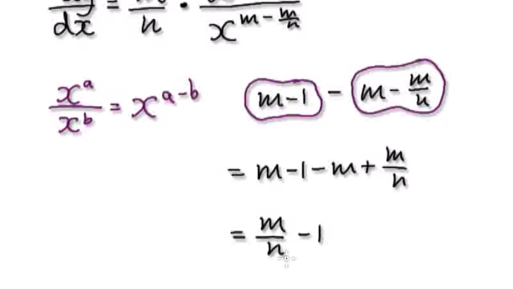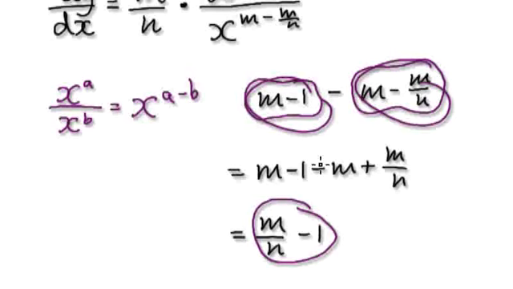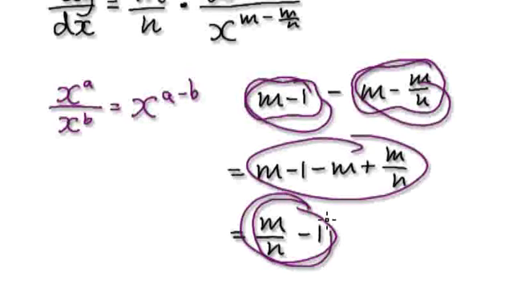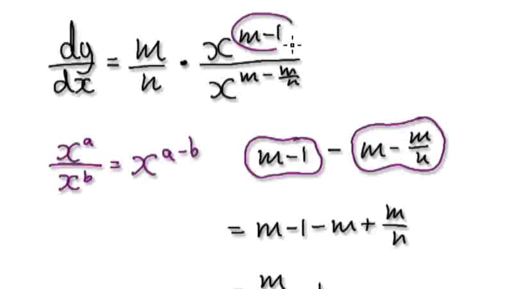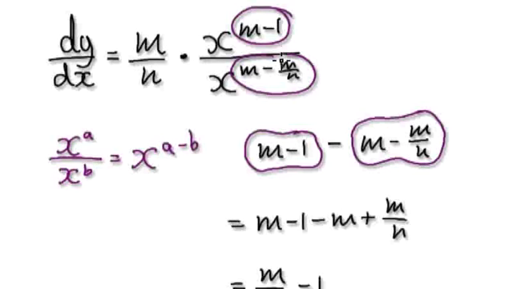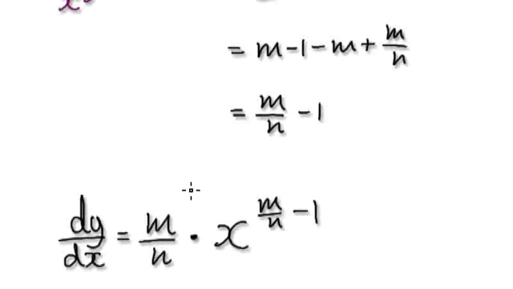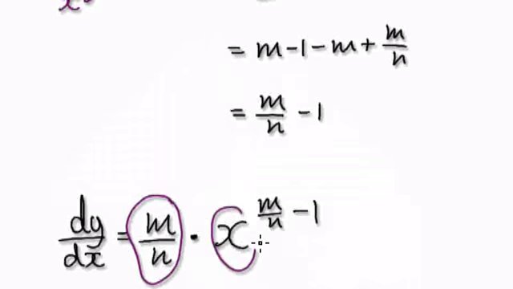So that would then give you this here. Okay, this thing take away this thing equals this thing here, and then that simplifies to that. So when you get this take away this here, it then becomes this. So you've got this thing multiplying with x to the power of this thing here.